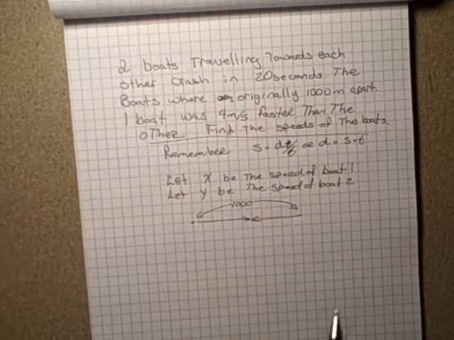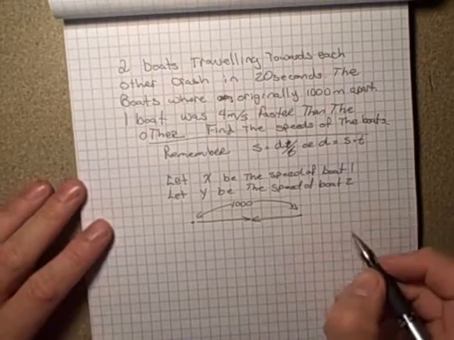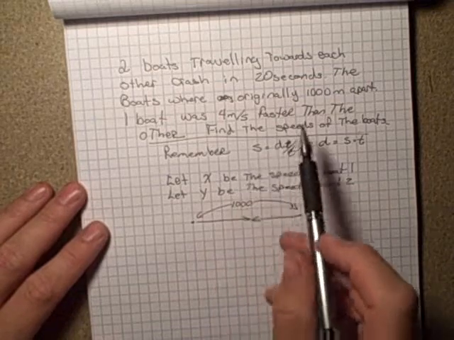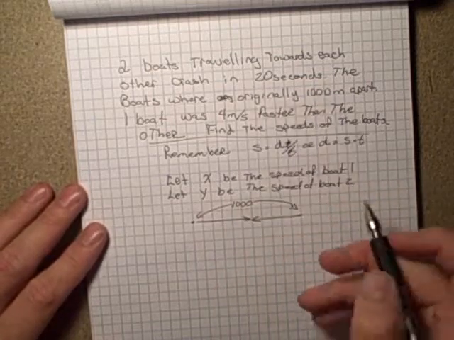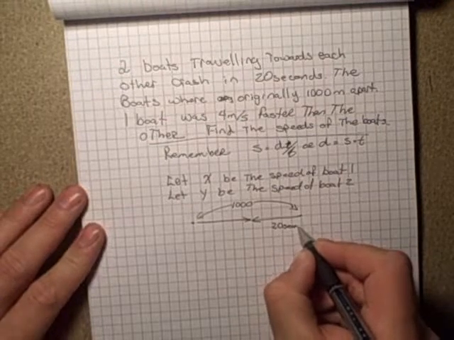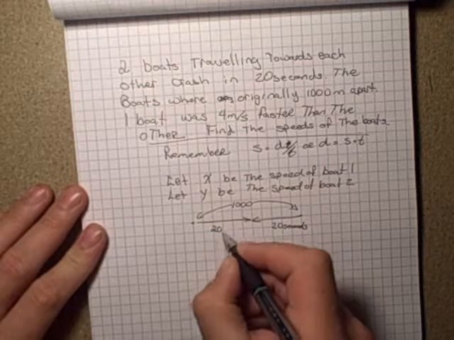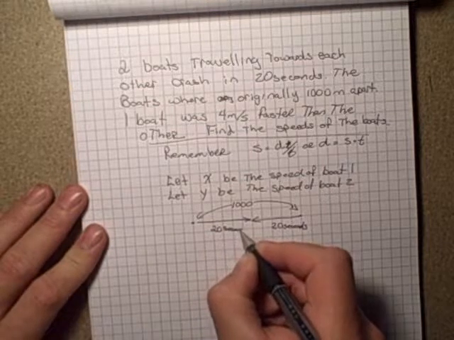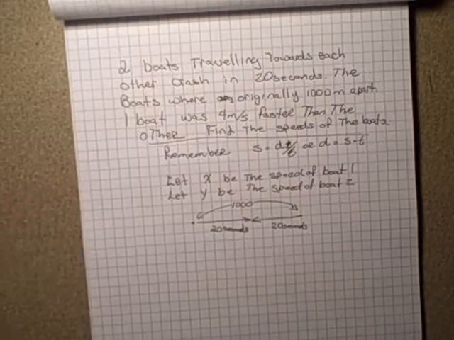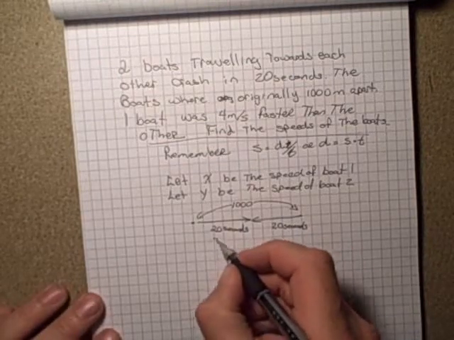And we know that it took some time. Okay, and what was that time? 20 seconds. So each boat traveled 20 seconds. And we know that this boat here was going some speed, let's say x.